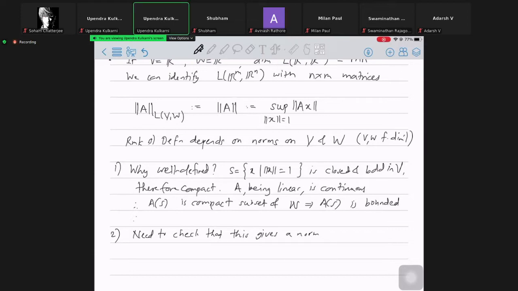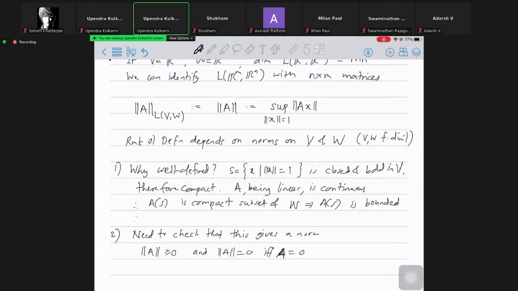Okay, so let's see this. What we are saying is that the norm of A is greater than or equal to 0, and norm of A is equal to 0 if and only if A is equal to 0.